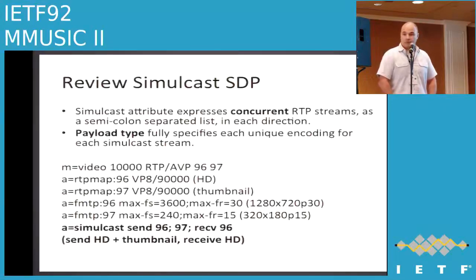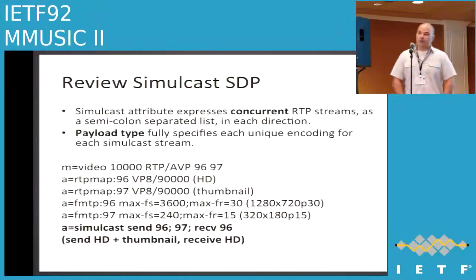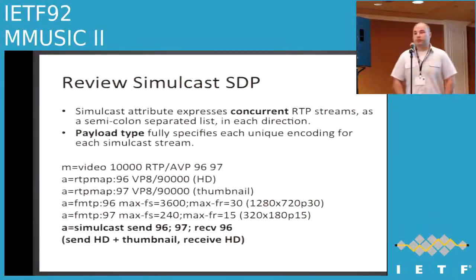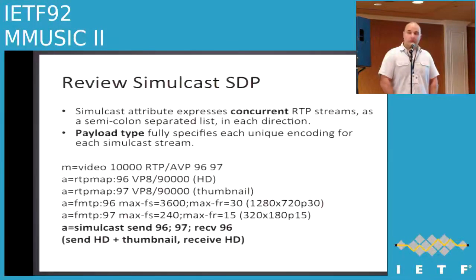Someone who's not aware of the simulcast stuff could choose to send 97, and you've just marked in your simulcast line that you don't want to receive 97. So this means that anyone who generates an offer in this form has to be prepared to receive stuff that they wouldn't ordinarily receive.